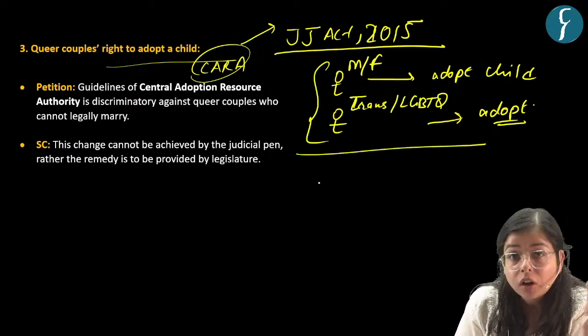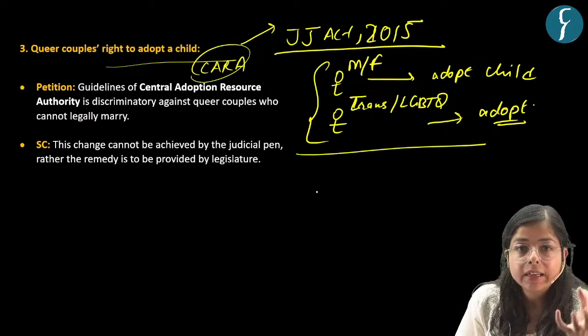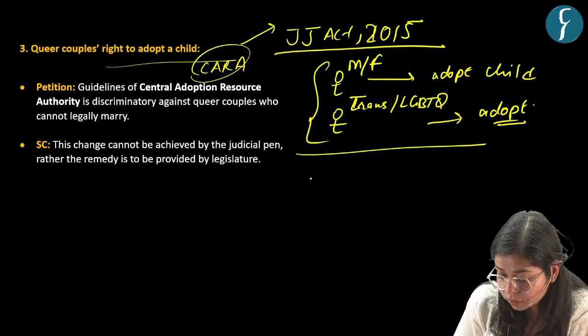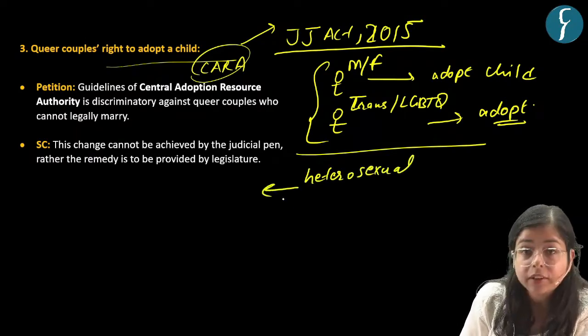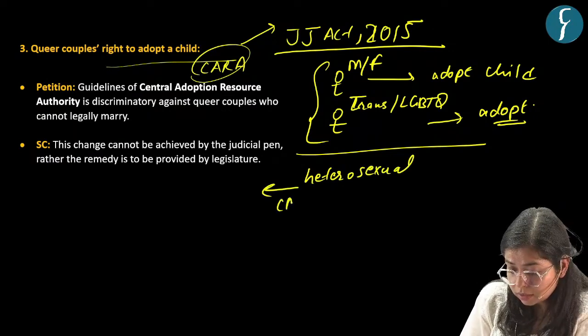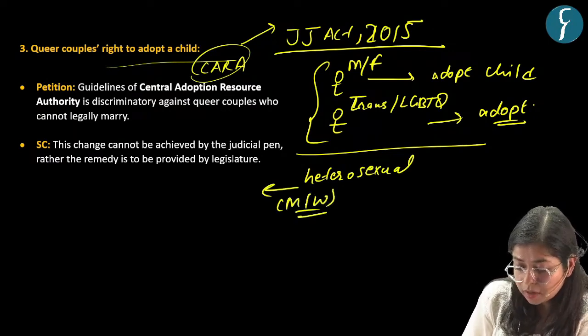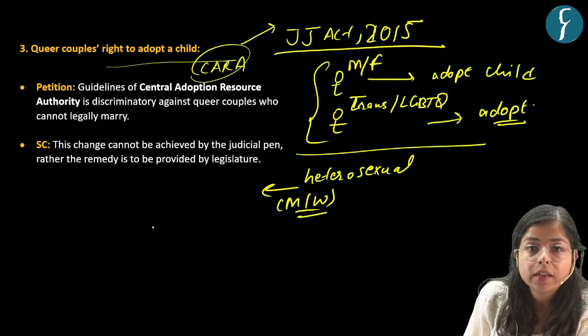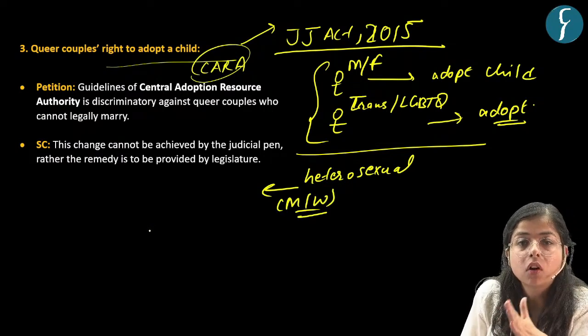But if we talk about the guidelines regarding couple adoption, in case of a heterosexual couple, that is an association between a man and woman, they have a right to adopt a child, but only after 2 years of their marriage.